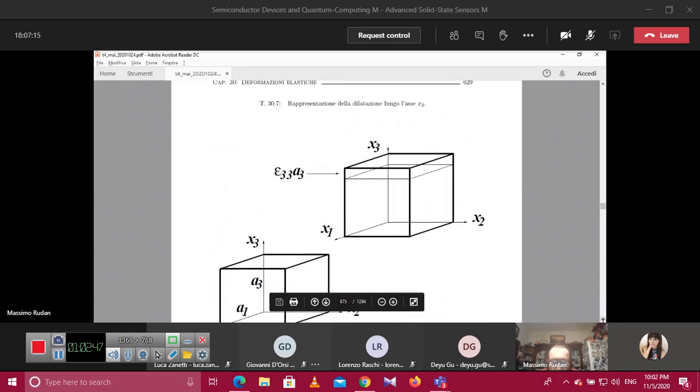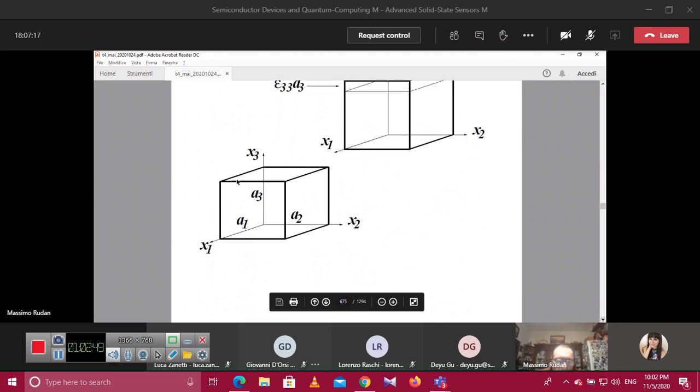So we consider, if you look at the lower left part of the figure, a prismatic block of material in which one vertex is in the origin. The length of the three sides are A1, A2, and A3, and the sides are aligned with the coordinate axis, okay?